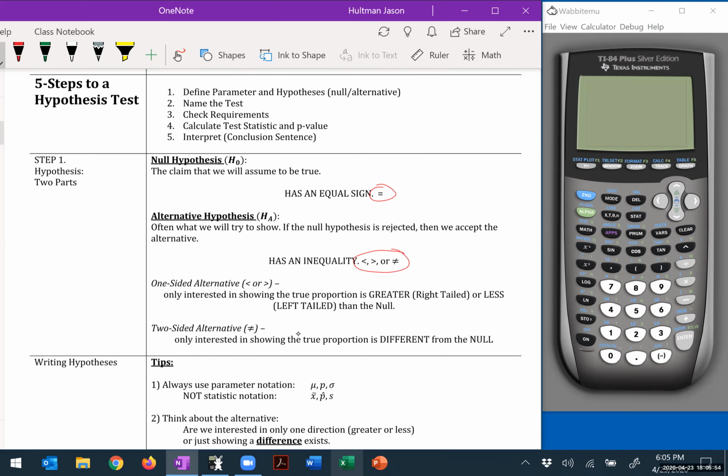If what's being asked is whether the proportion or the mean is greater than, then we use the greater than symbol. If it's less, we use less than. If it's different or changed, all we're looking for is a change. We don't know if it's a positive change or a negative change.